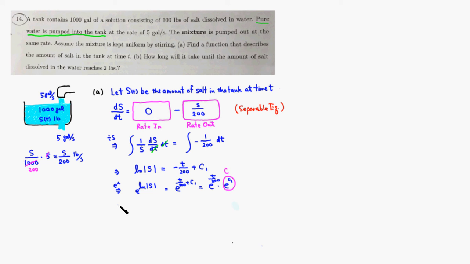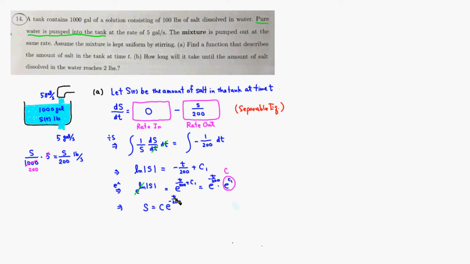So I'm going to get rid of the absolute value sign, and the exponential function and log function cancel out because they are inverses of each other. So the function s is going to be some constant c times e to the negative t over 200.